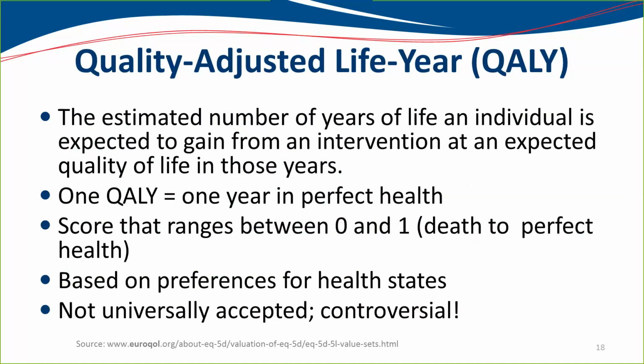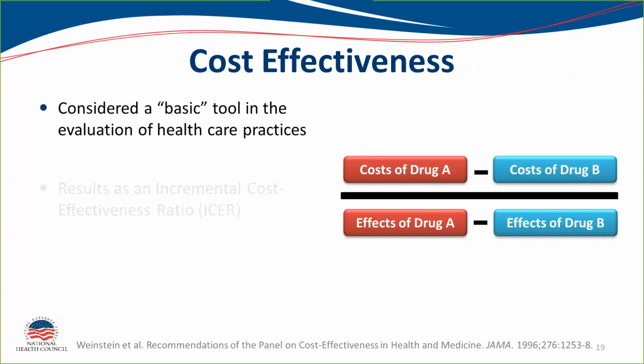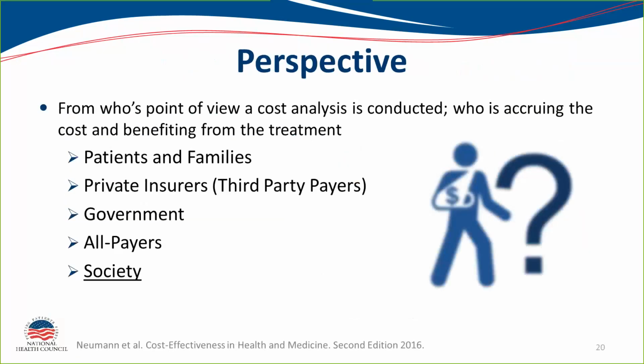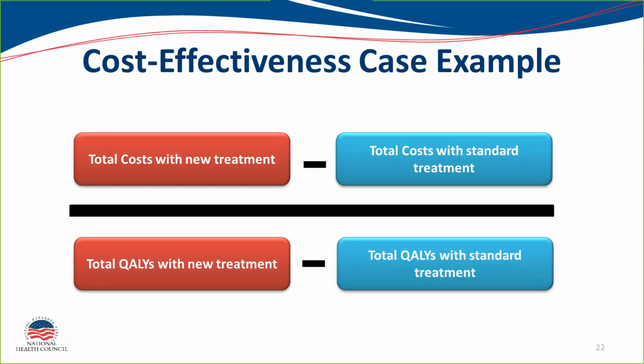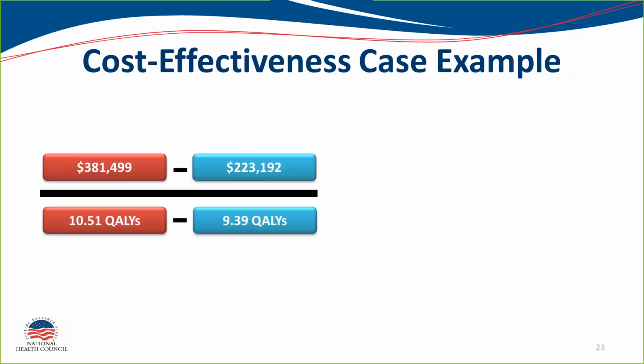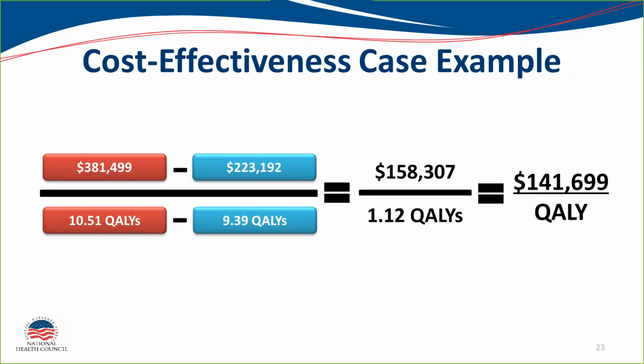That is a great comment and a very good question, because what I didn't explain well is that it's actually a utility score, and then you calculate the number of years of life multiplied by that quality adjustment. So very good catch and a great comment.